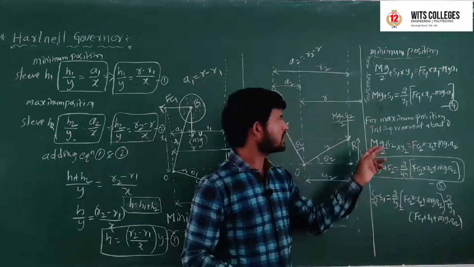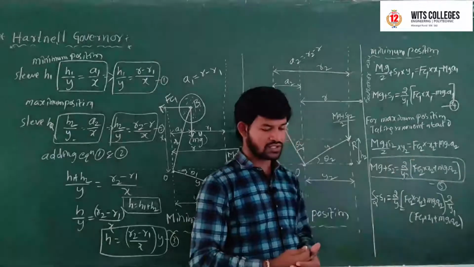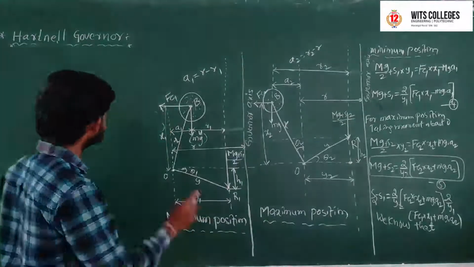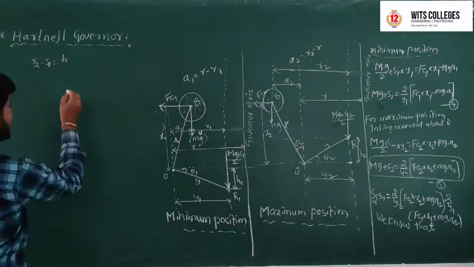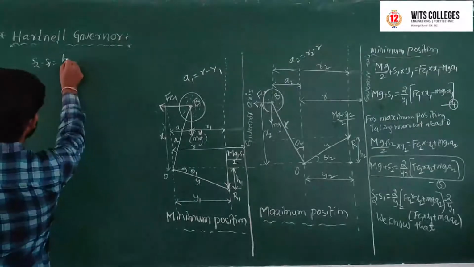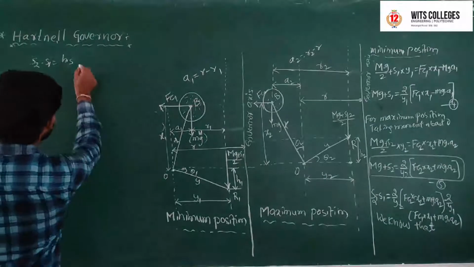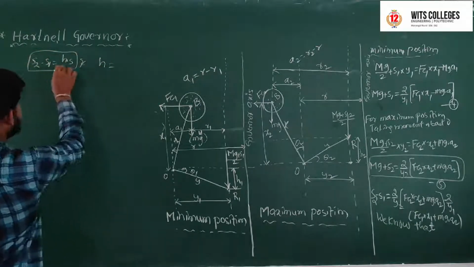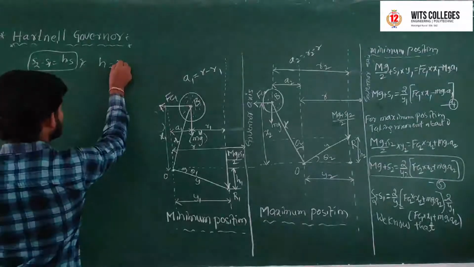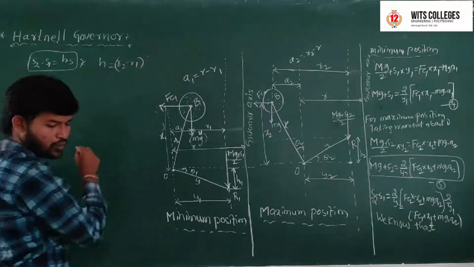Okay, what we are doing is equation 5 minus equation 4. Here we know that s2 minus s1 equals h into s, and here h is equal to r2 minus r1 into x by y.